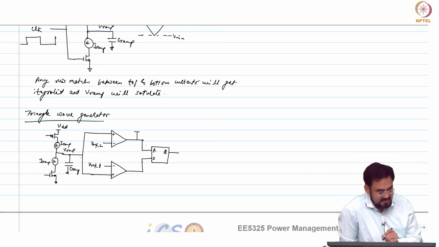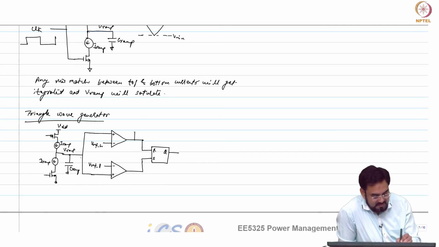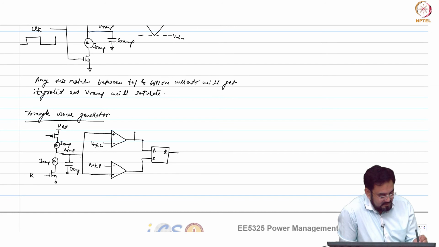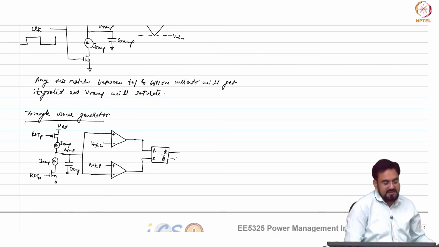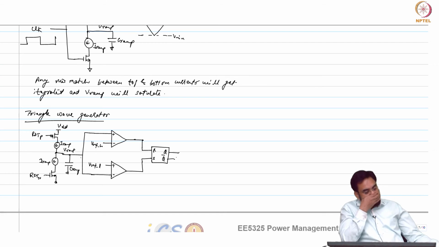Which means this should control your RST, and I will call it RSTP. So let's say I have a Q and Q bar. Which should be RSTP and which should be RSTN? Q bar should be RSTN.